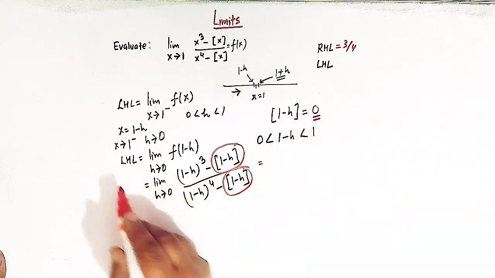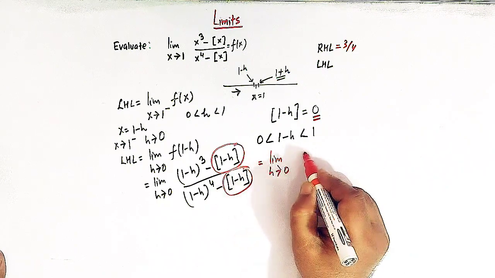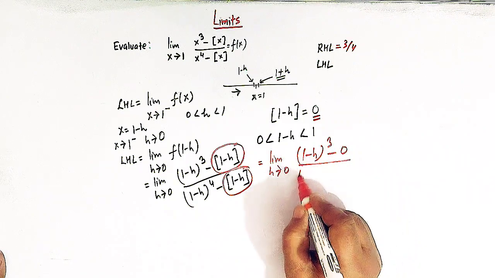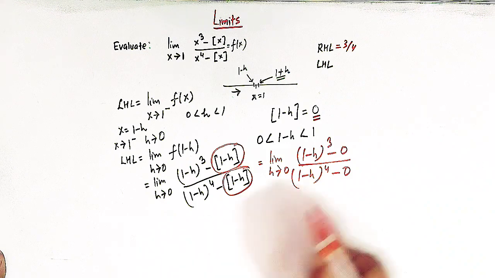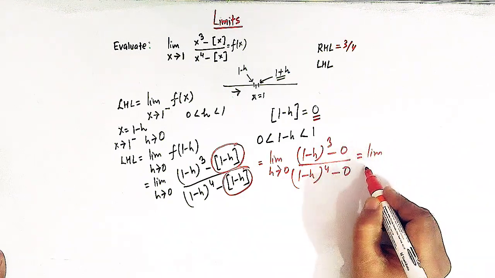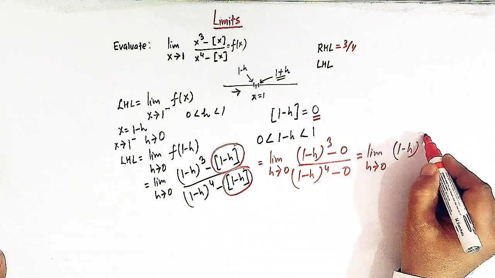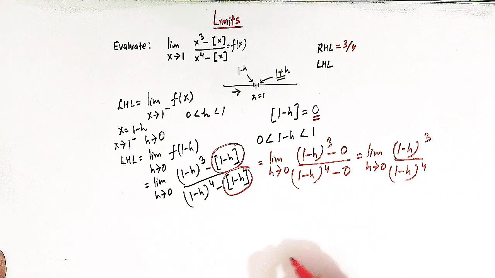So we have the left hand limit, limit h tends to 0, of (1 − h)^3 − 0 over (1 − h)^4 − 0. So now we have simply limit h tends to 0 of (1 − h)^3 divided by (1 − h)^4.